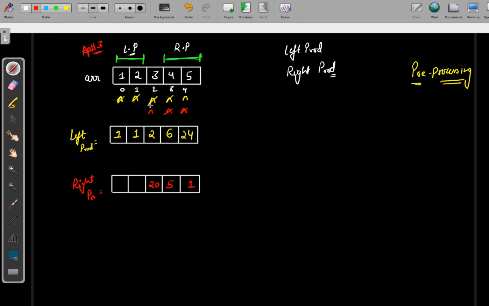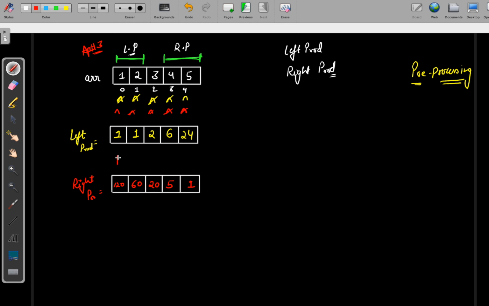Okay. Now for 2, what is the product on the right side? That is 20 into 3, 60. Now for 1, what is the product on the right side? Can I say that this is 120? Now what I will do is simply multiply my left and right product.